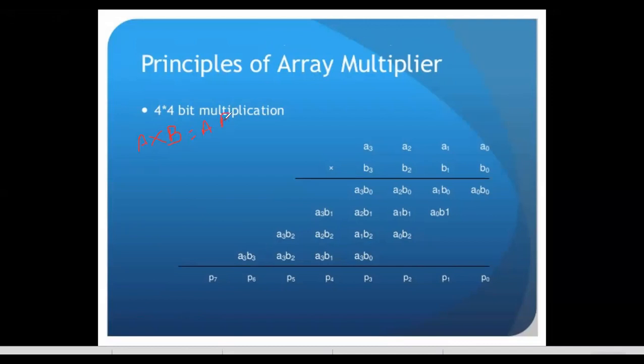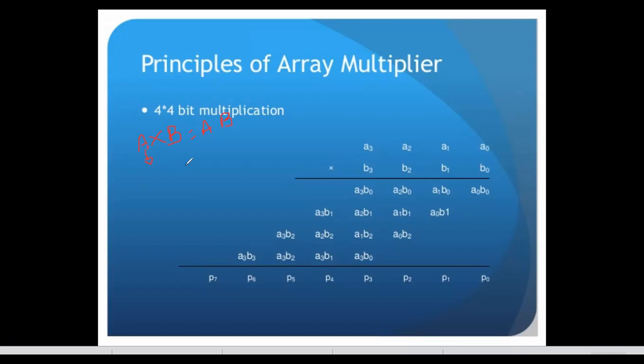Okay. Here in this case I took A as 4-bit data and B as another 4-bit data. For example, A is the multiplier and B is the multiplicand.